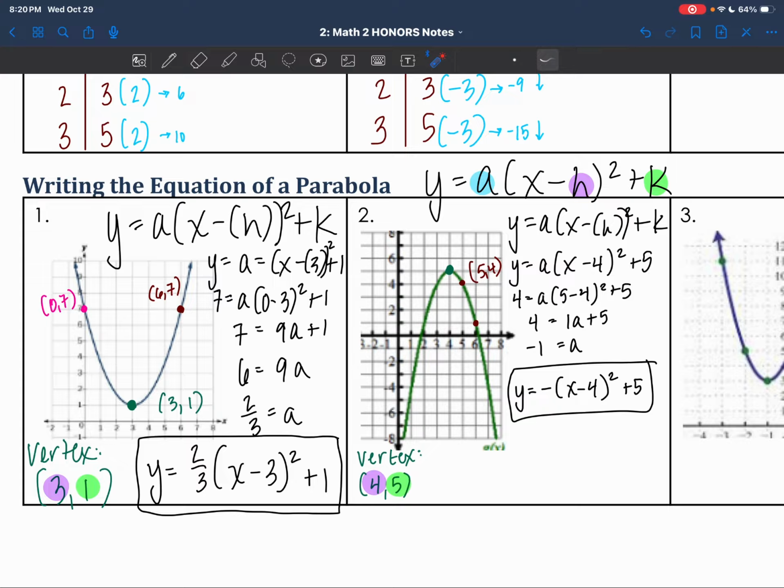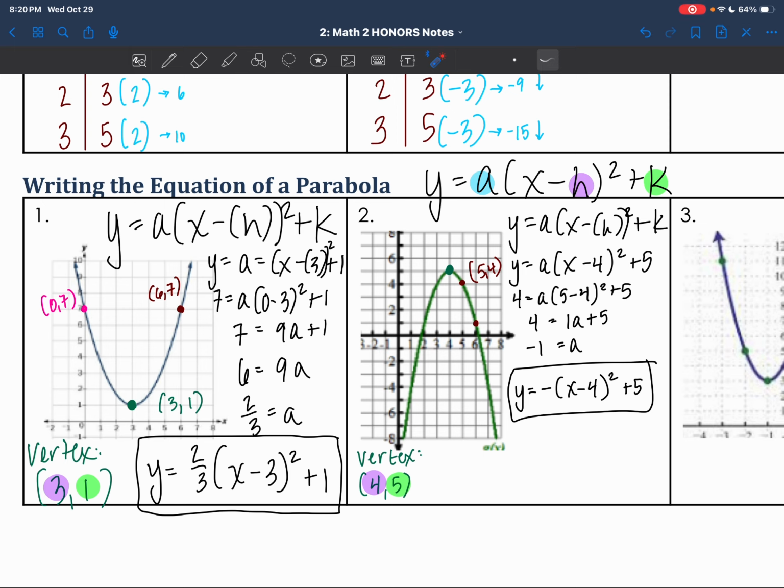All right, same thing here. I'm going to take your vertex and plug it in for your h and your k. So our vertex is (5, 4). Did I plug that into the right number? Did I do it backwards? I think I did it backwards. This is what happens sometimes.